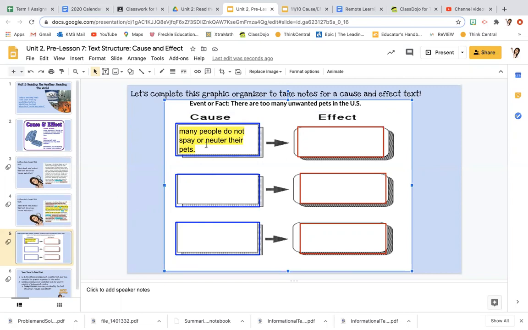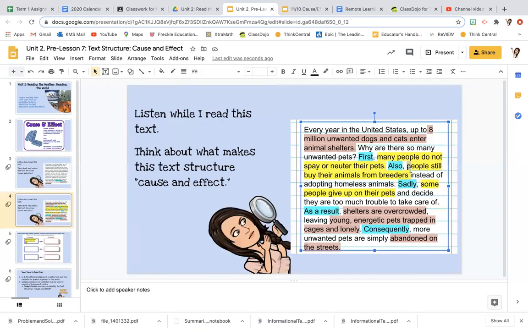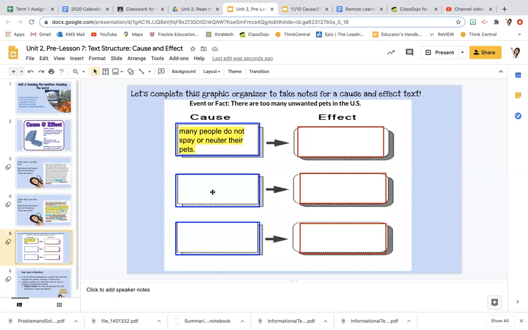So one way is that people are not neutering their pets. Another thing people are doing is that they're still buying animals from a breeder. So that means that they're not adopting pets that are already born and need homes from shelters. They're buying from breeders.